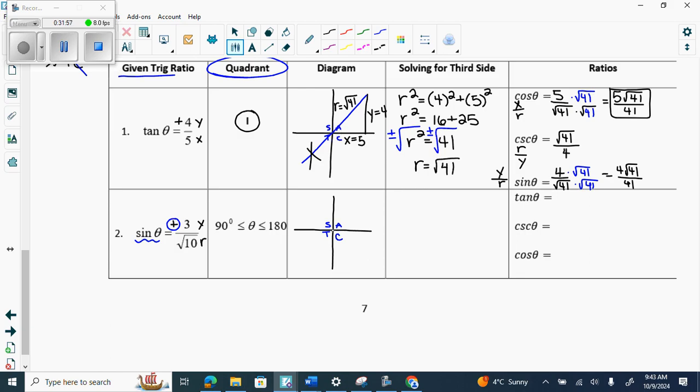Where they're all positive, which is quadrant 1, or where sine is positive, which is quadrant 2. Correct? Then this is a giveaway, but like I said, they're not often this nice, and by not often I mean never. 90 degrees to 180 is what quadrant? 2, because this is 90, this is 180, right? So it kicks out this one, so I'm drawing it here.